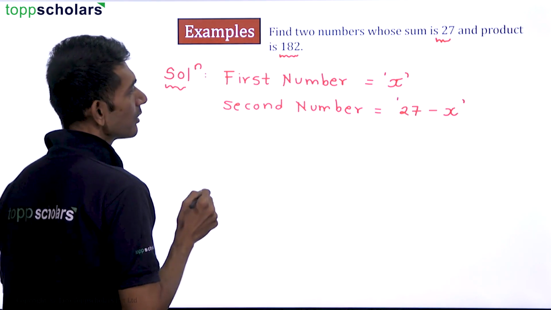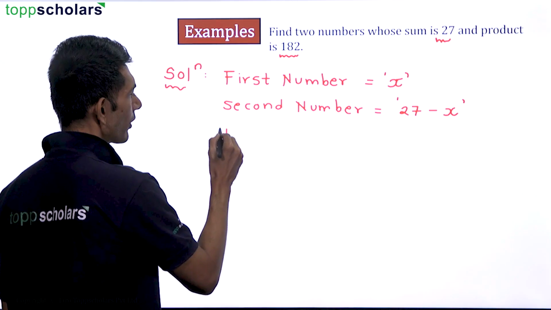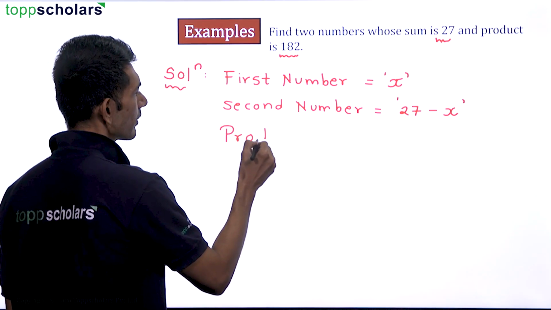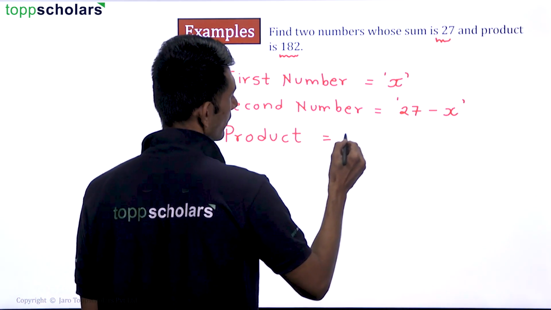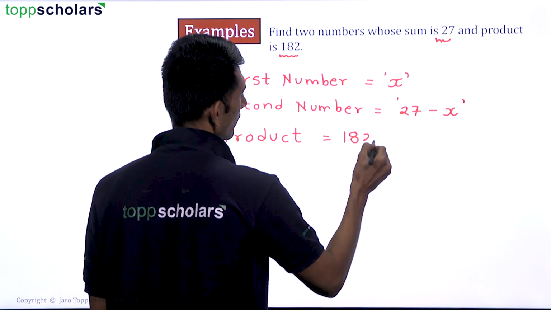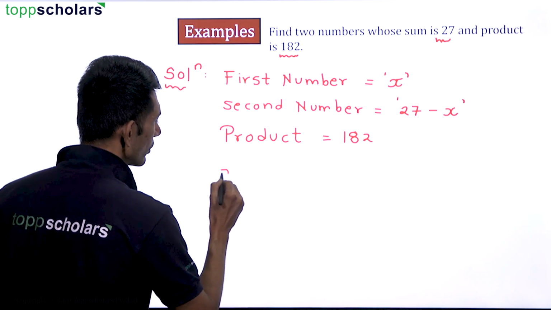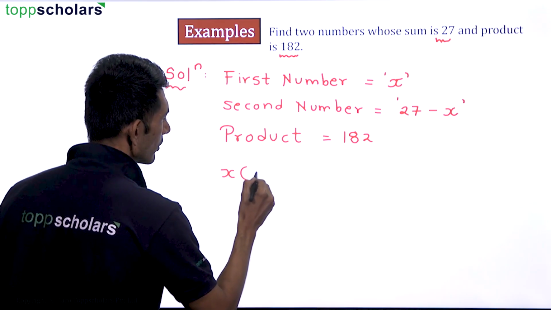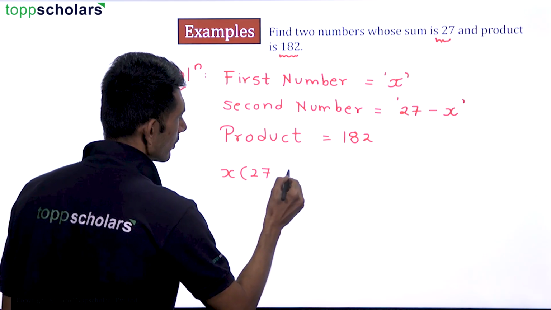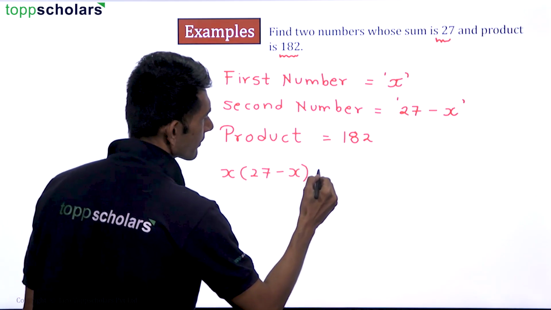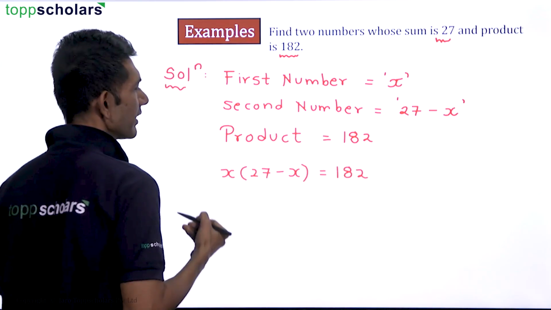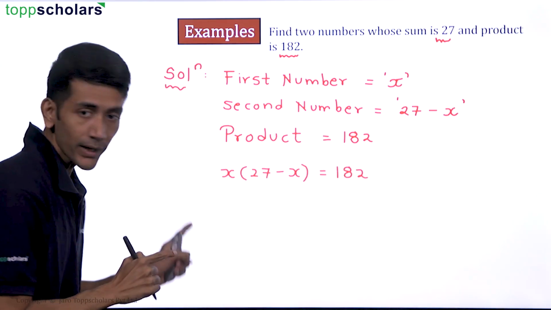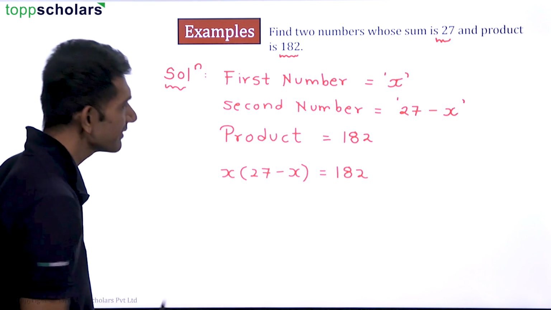Now what is the product? The product is 182. So can I say x into 27 minus x is equal to 182. Now what I can do is, I can multiply x inside.